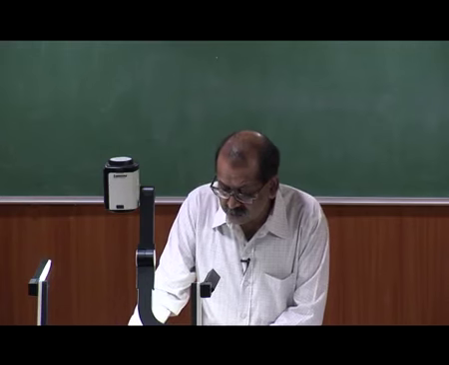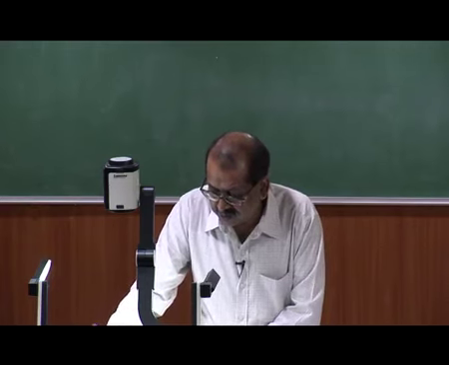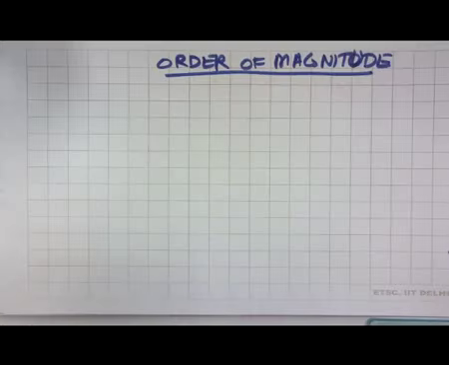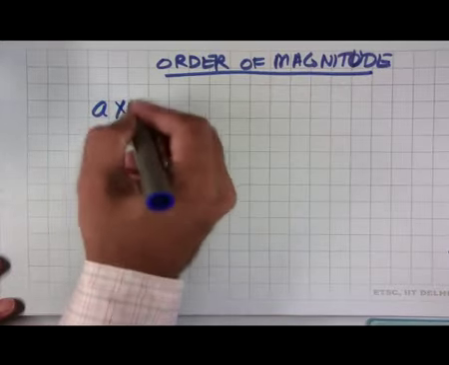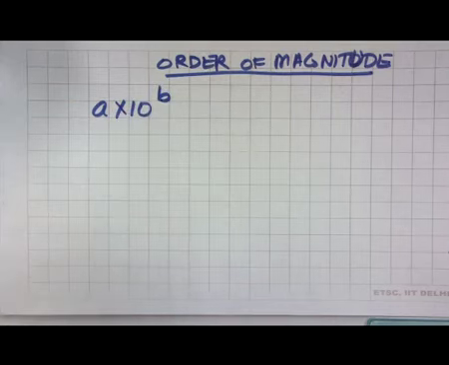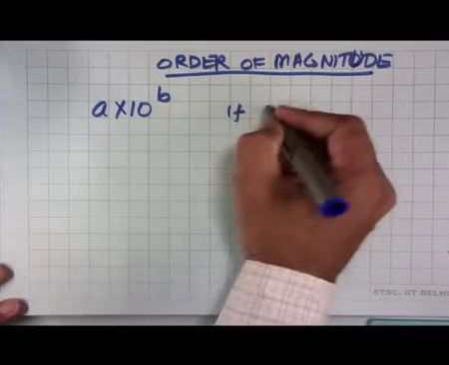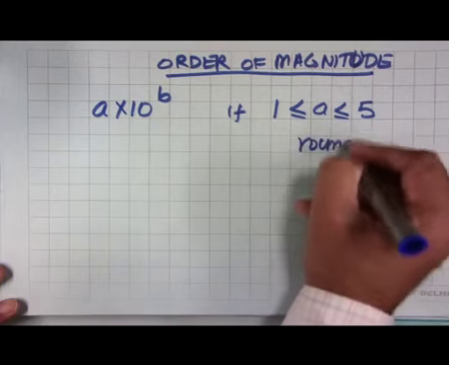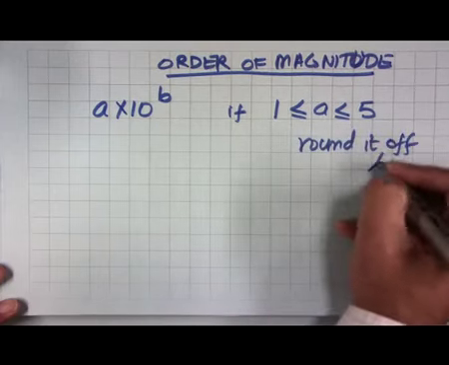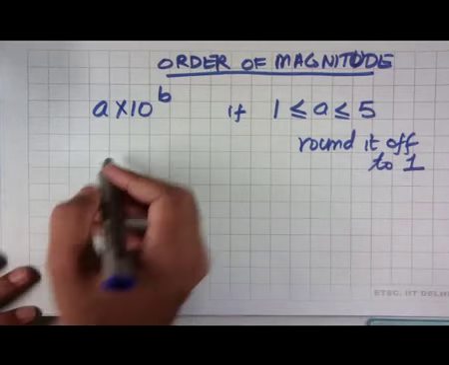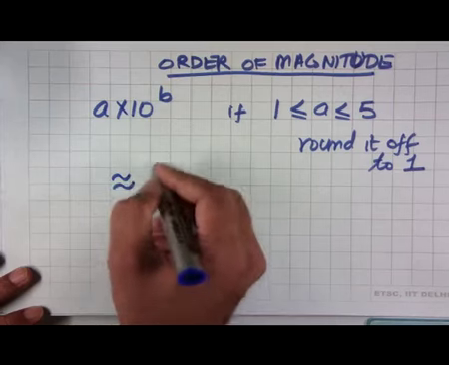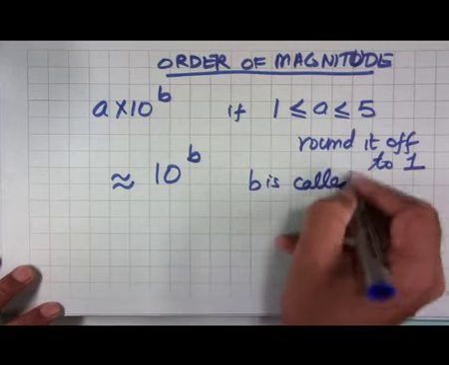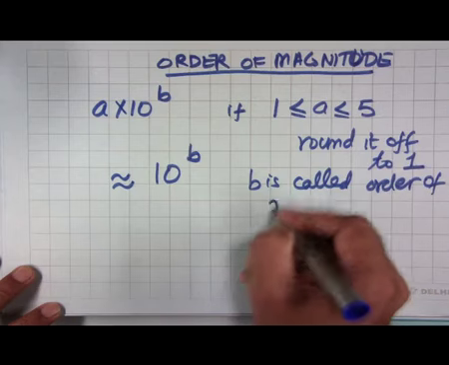So next we talk of order of magnitude. Now, if a quantity is written in the scientific notation as a into 10 to the power of b, then if a lies between 1 and 5, we round it off to 1, and then we make an estimate of this quantity as 10 to the power of b, and b is called the order of magnitude of the quantity.